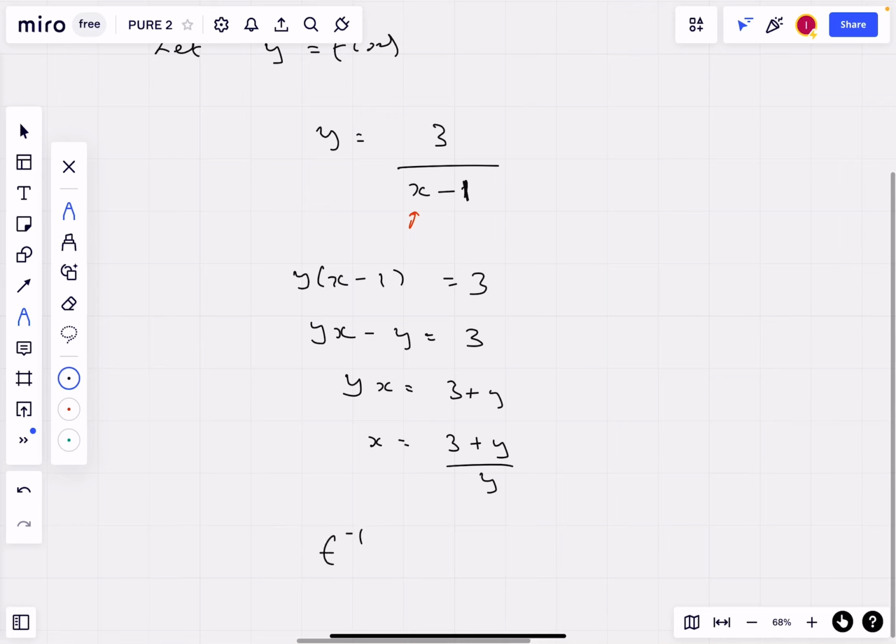So f^-1(x) equals (3 plus x) over x. That is your inverse function. And that's how you do it. Just use a substitute, make x the subject, and then rewrite it. Instead of y, use x, and instead of x, use f^-1.